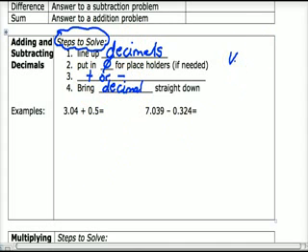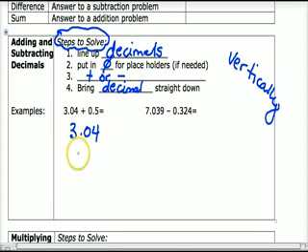We also need to remember that we want it vertically. That means up and down. So we're going to rewrite our problem, making sure that we're lining up our decimals. This tells me we're going to add. Number 2, put zeros in for placeholders if needed.